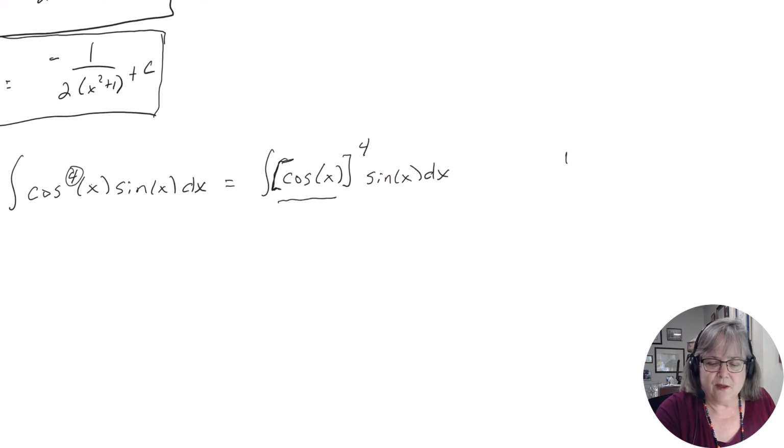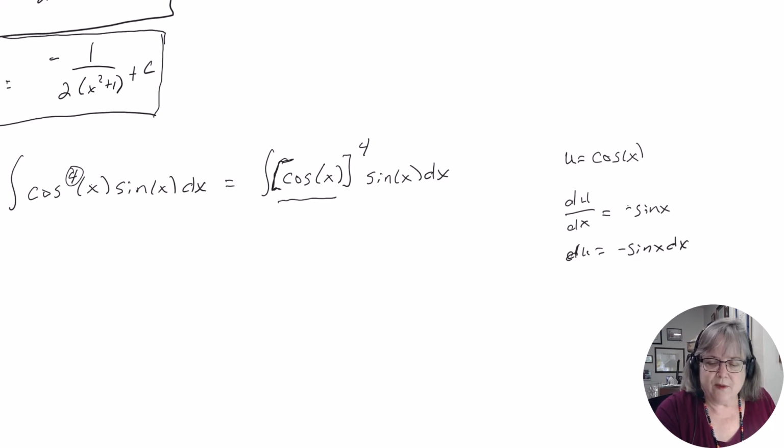So let's let u be cosine of x. Then du with respect to x, taking the derivative. The derivative of cosine is negative sine. So du is negative sine x dx.